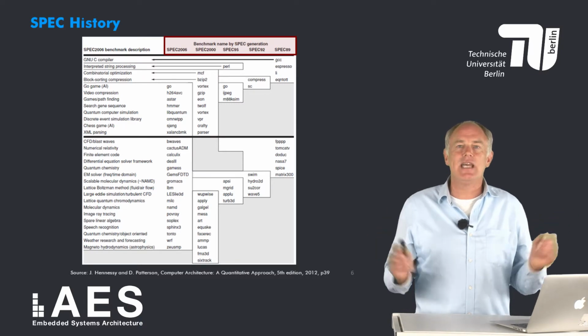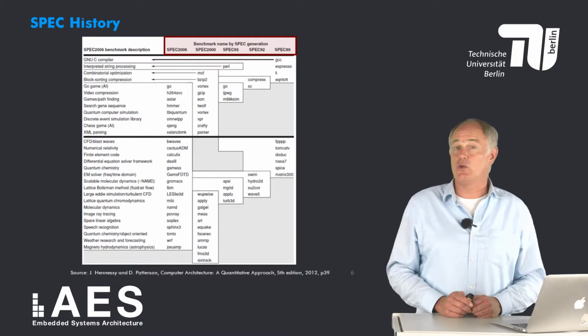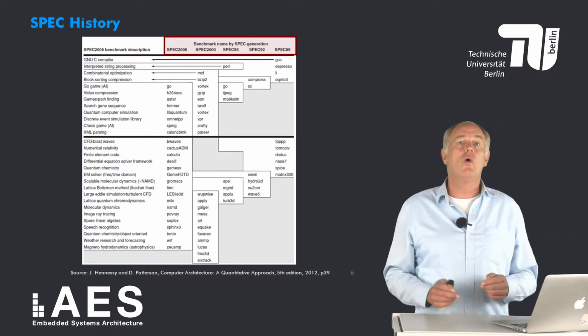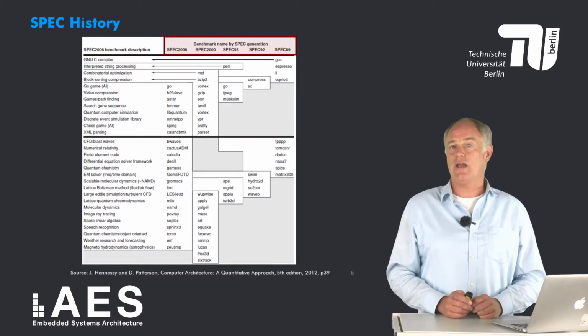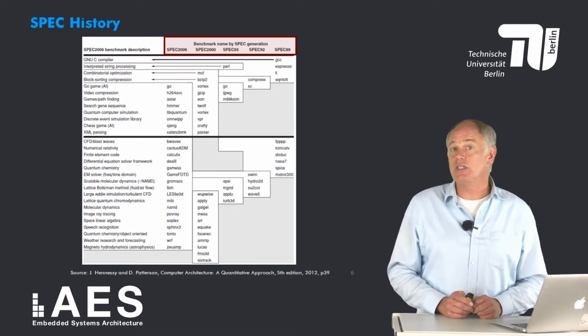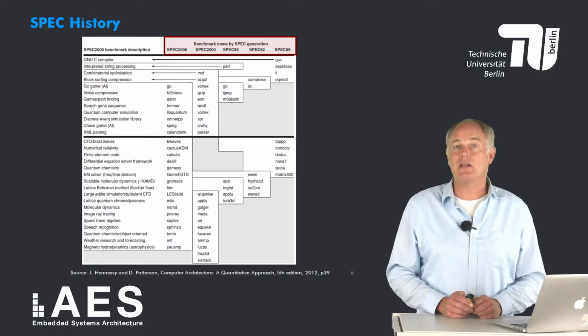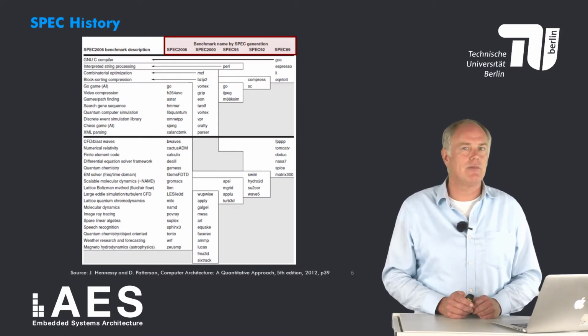Every 3 to 6 years, a new generation was released. The reason for that was that what took quite some time, a couple of hours or so in a certain year, only took a few minutes to execute 3 to 5 years later. Now, single-core technology hasn't become much faster since 2006, which might be the reason why SPEC 2006 is still around.